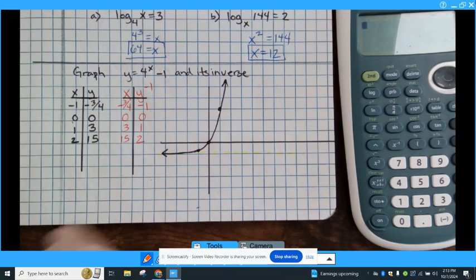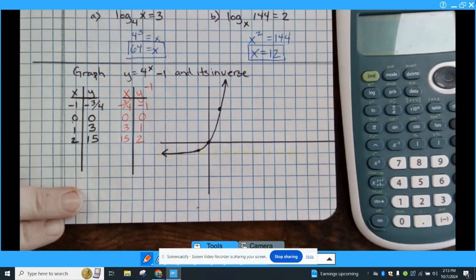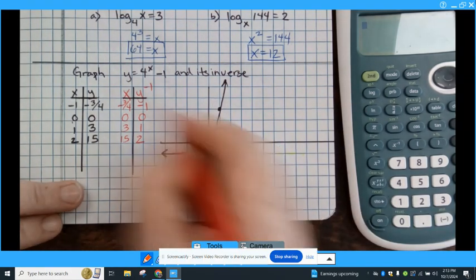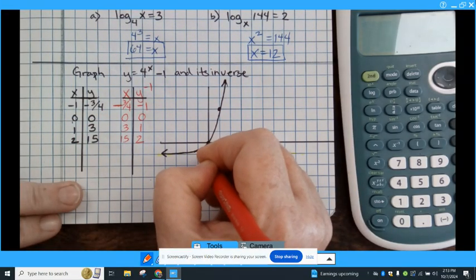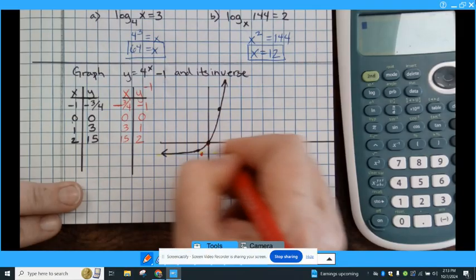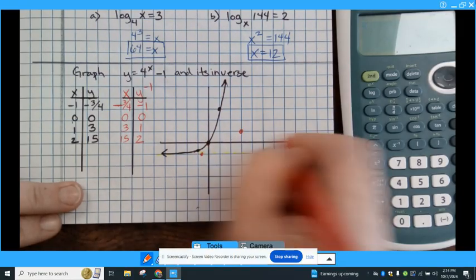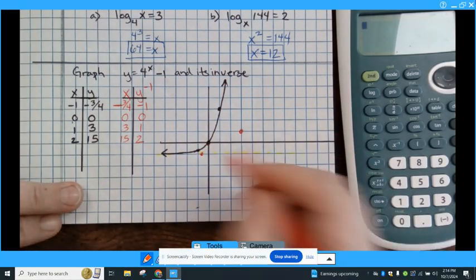So there's our original. So now if we're going to do the inverse, I've got negative 3/4, negative 1, 0, 0, 3, 1, 15, 2 is going to be way over there.